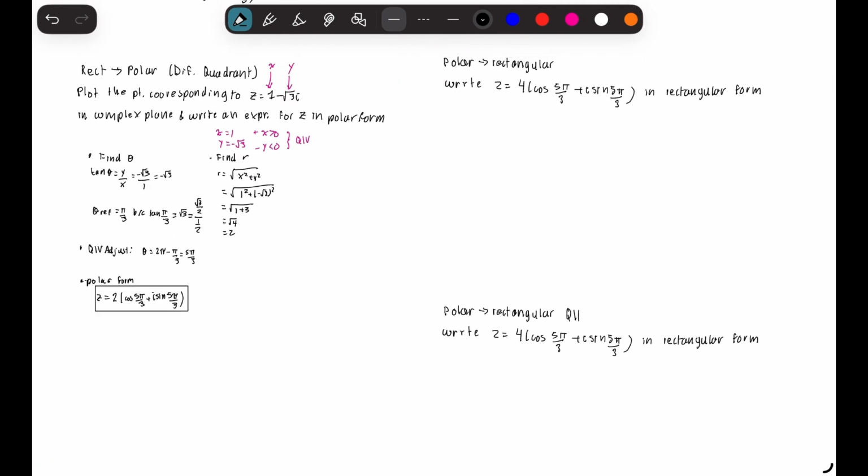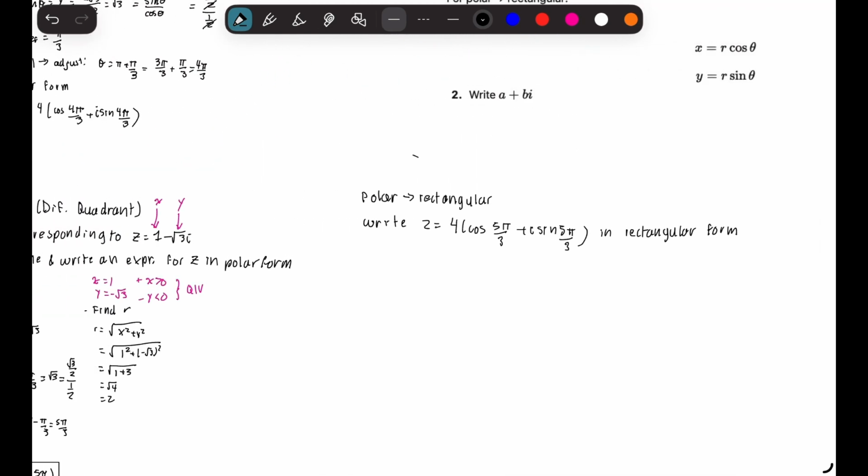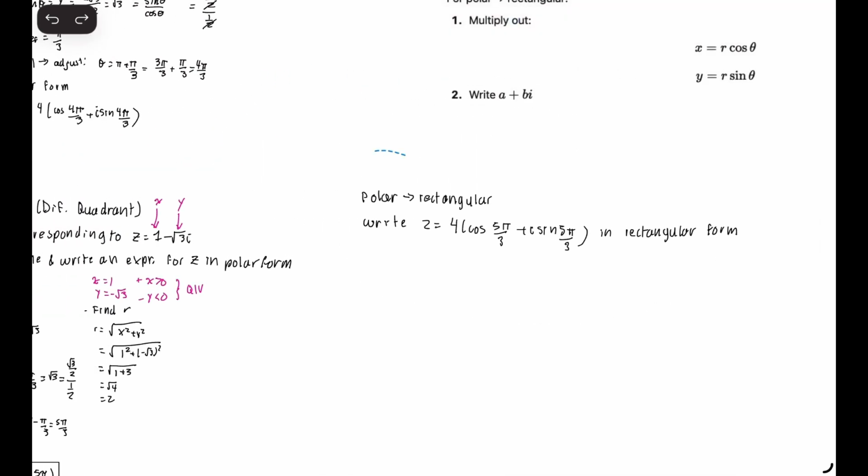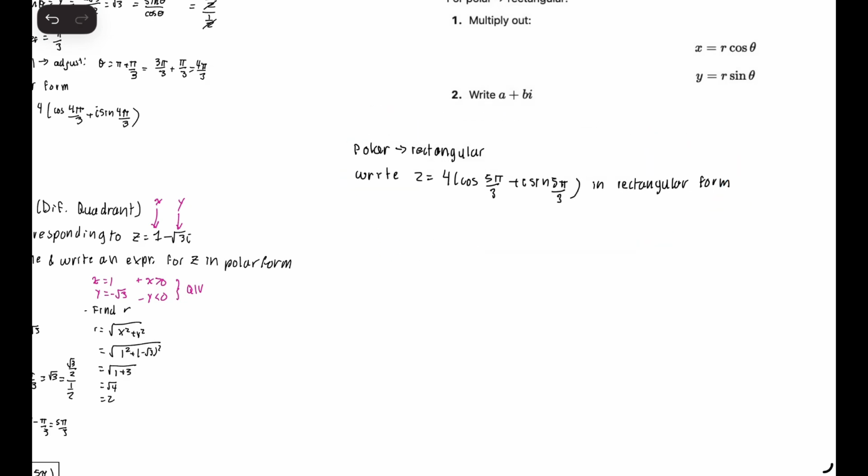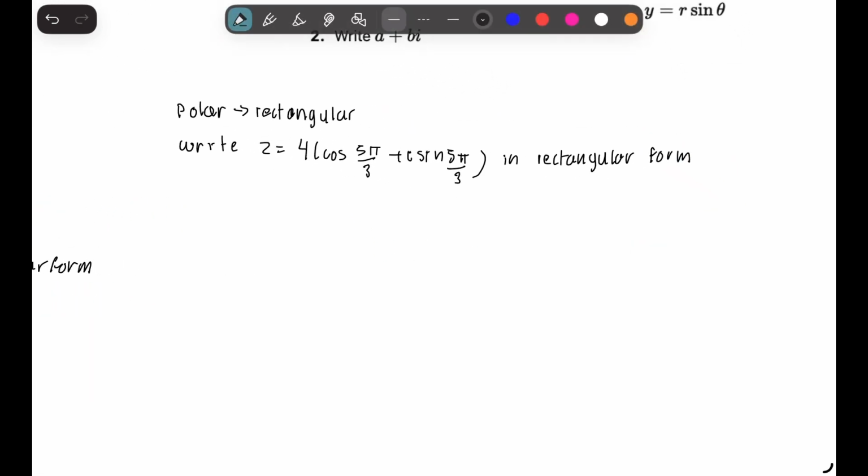Now let's do question 3. Write z is equal to 4 cosine 5 pi over 3 plus i sine 5 pi over 3 in rectangular form. We know that x is equal to r cosine of theta, y is equal to r sine of theta.